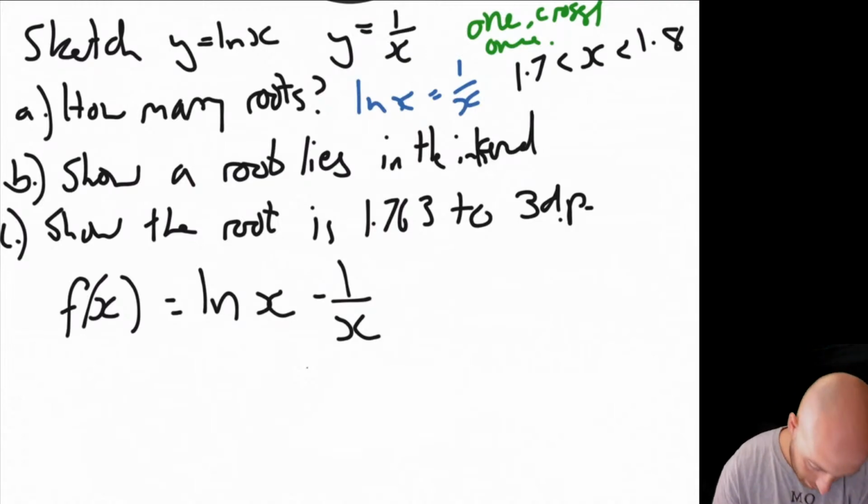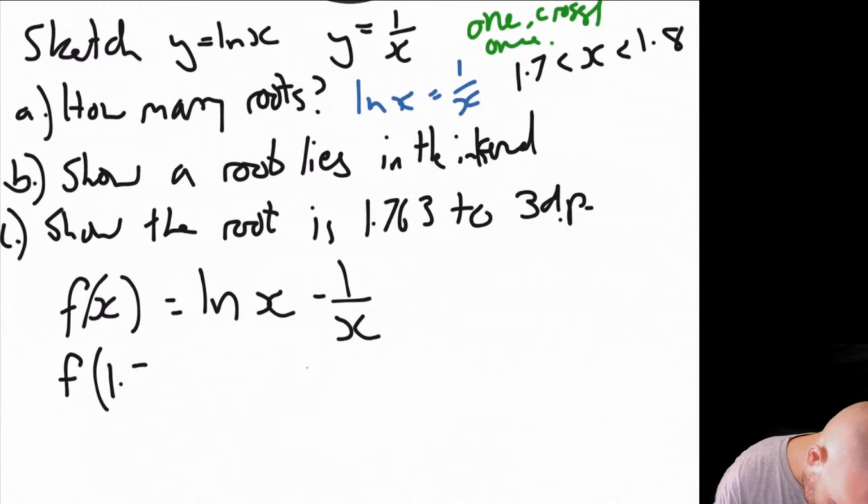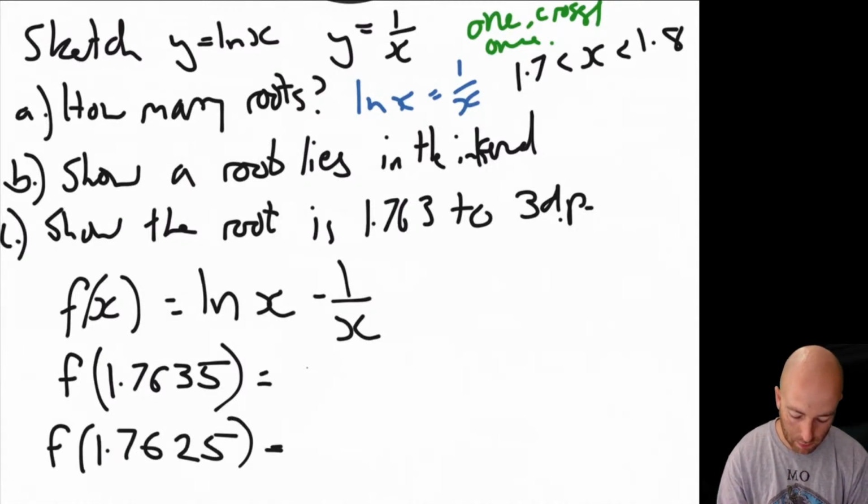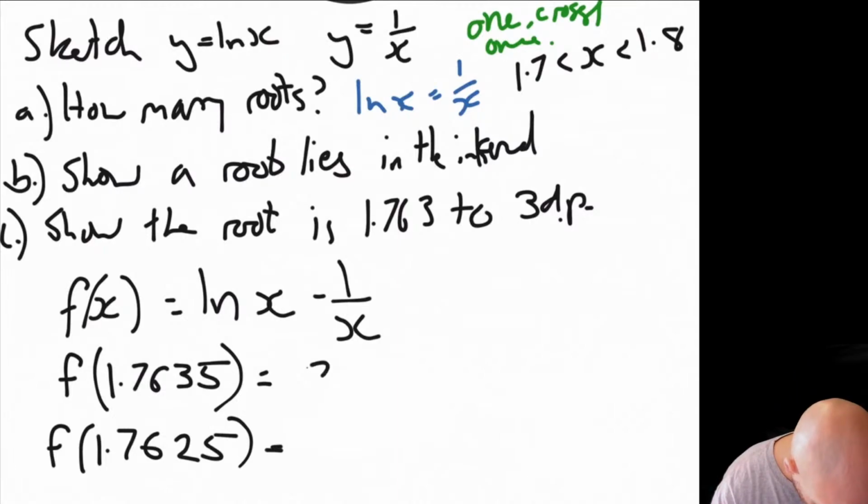So I'm going to do f of 1.7635 and f of 1.7625, so slightly above by 0.5 and slightly below by 0.5. So then we're going to do ln 1.7635 minus 1 over 1.7635. And we get 2.46 times 10 to the minus 4.